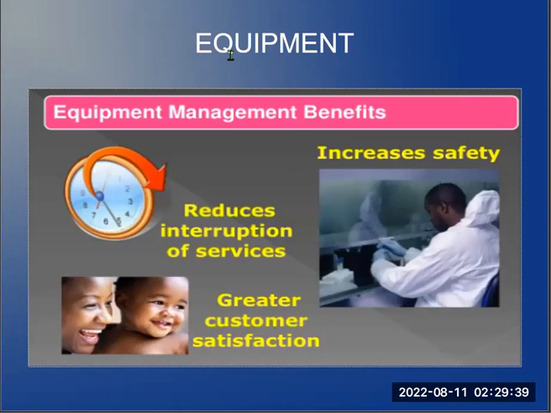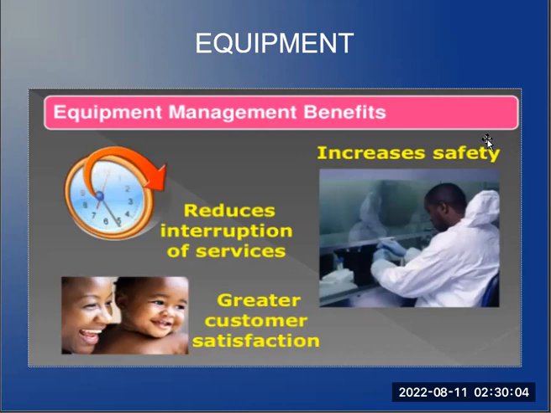Next topic is equipment. So what are the benefits? These are the equipment management benefits.